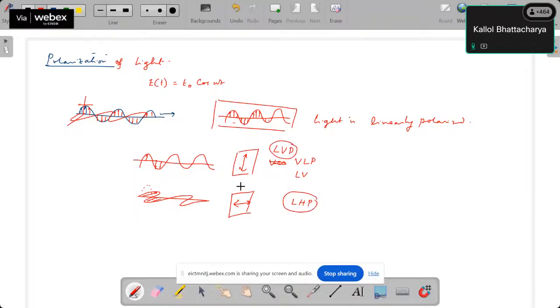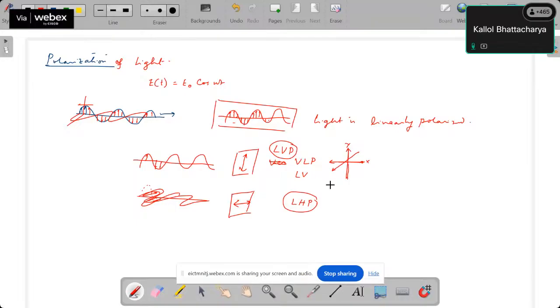In fact, light can be linearly polarized in any arbitrary direction. So if this is my x and y coordinate, the laboratory coordinates are usually horizontal and vertical, denoted by X and Y. You can have horizontally polarized light. You can have vertically polarized light. You can have light polarized at 45 degrees, which means the electric field is moving in a plane which makes a 45-degree angle to the plane of this whiteboard.